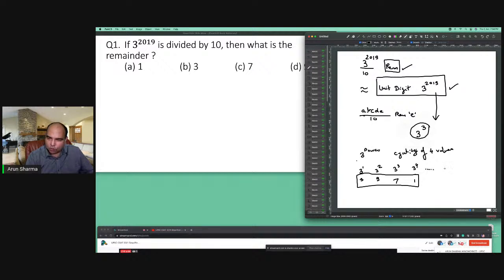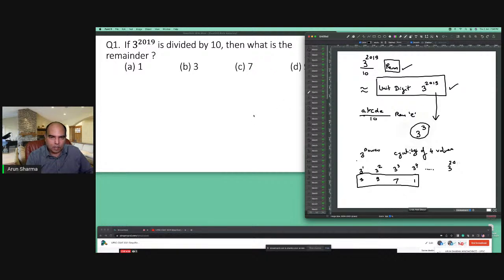So this will go all the way to 3 raised to 2016, which will have a unit digit of 1. And 2017 will have 3, 2018 will have 9, and 2019 will have 7. So the correct answer to this question is 7, option C. And it's basically a 30-second question if you know the logic involved in this question while solving this.